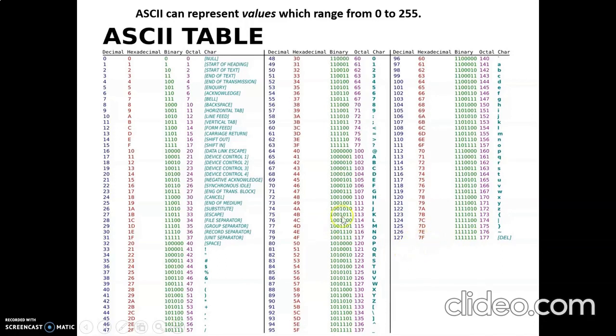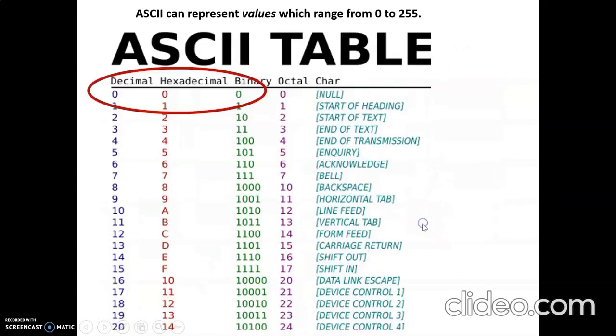But then later it was extended to 8-bit ASCII. Now people are using 8-bit ASCII, so the real table goes from decimal 0 to decimal 255, because 0 to 255 is 256 different combinations of these binary codings.